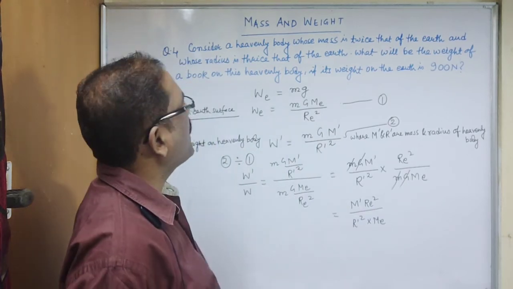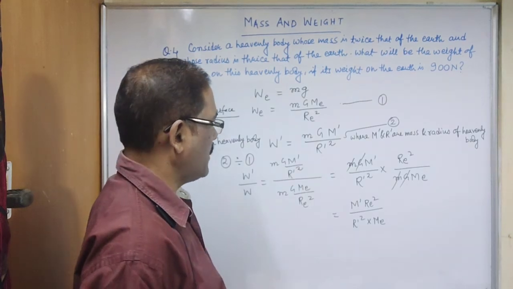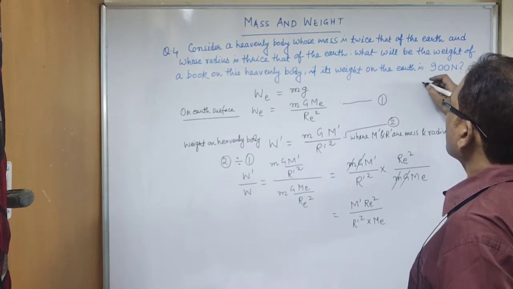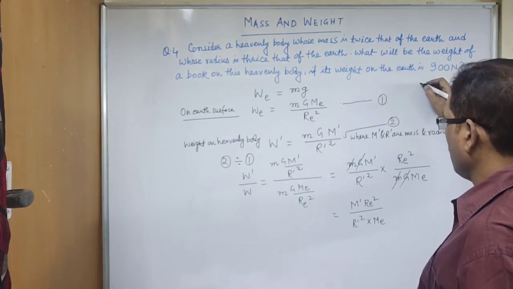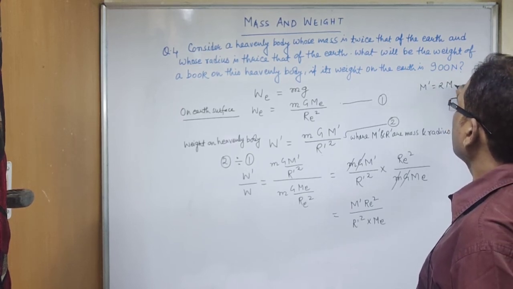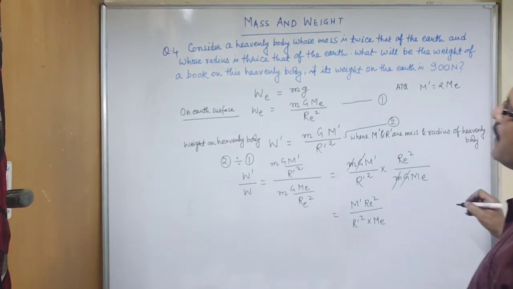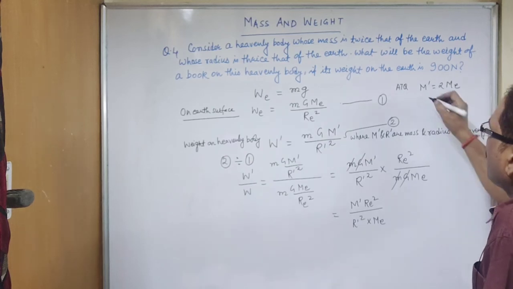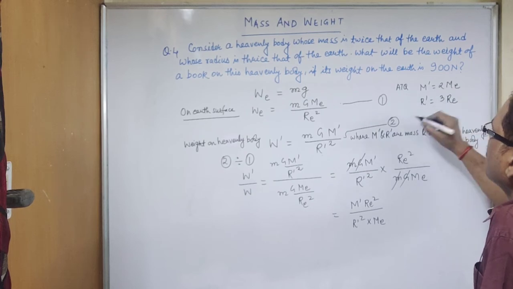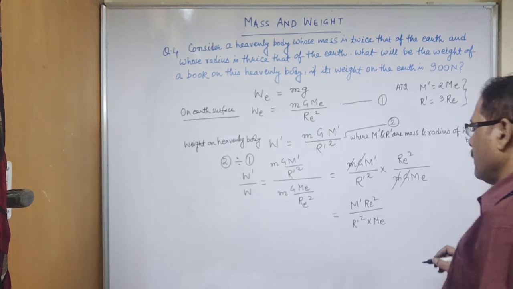Now consider a heavenly body whose mass is twice that of the earth. According to the question, M dash is 2Me. And the radius is thrice that of the earth, which means R dash is 3Re. So we will substitute these values.